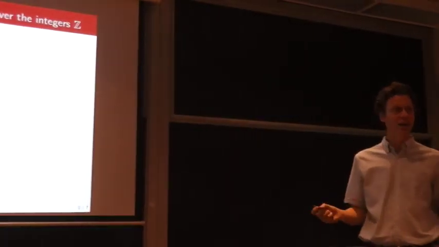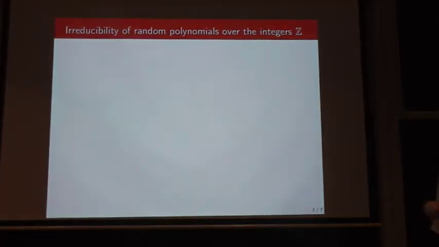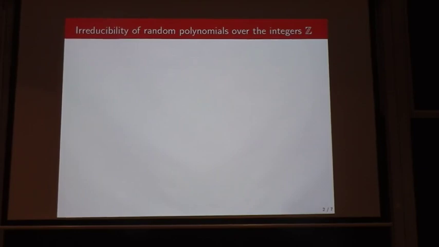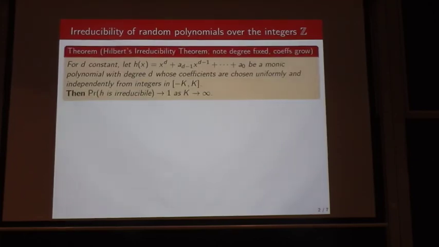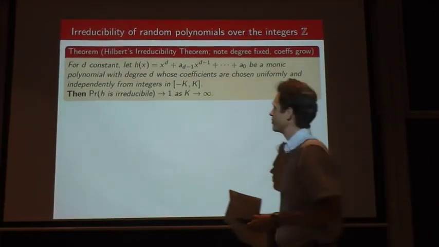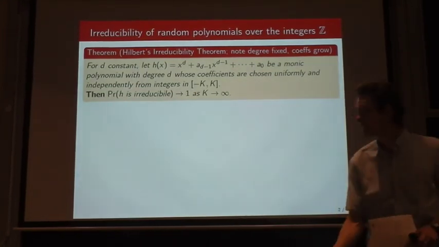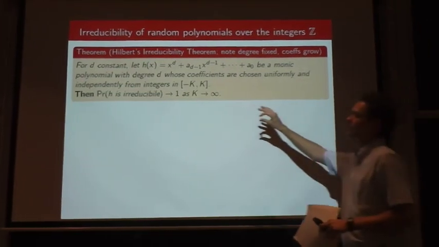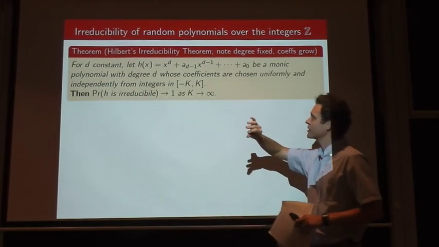Okay, so I want to talk about whether polynomials are irreducible over the integers. If you just pick a random polynomial somehow, can you factor it using only integers? This question goes back a long time, and it's sometimes called Hilbert's irreducibility theorem. You fix a constant degree d, and we look at a polynomial h of x.